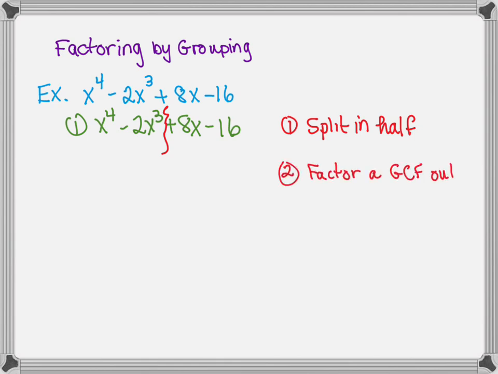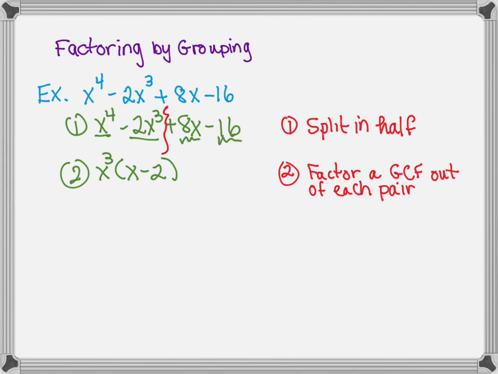And then I'm going to factor a greatest common factor out of each pair. So if I look at x to the fourth and minus 2x cubed, my greatest common factor is x cubed. And when I factor that out, I'm left with x minus 2. And then if I look at the second pair, I have 8x and negative 16.